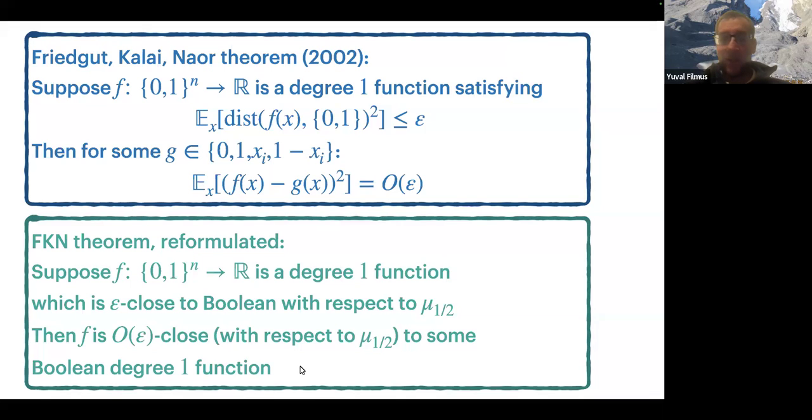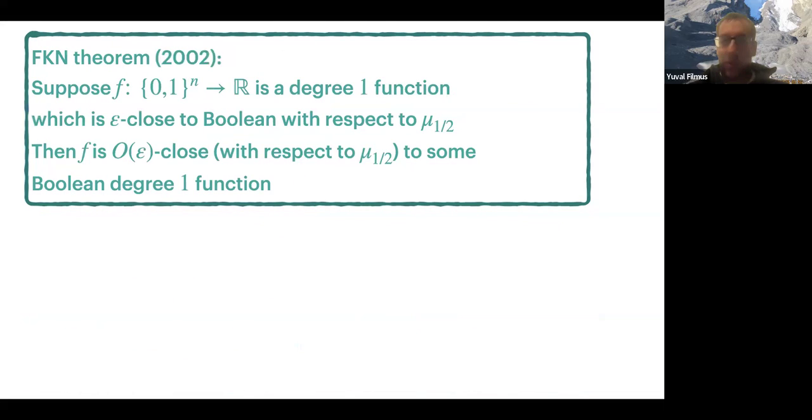Okay, so this was the case d equals 1, and I hope I went over it slowly enough so that you can actually get something. And now let's move to the degree d case. Maybe you have a guess as to what the degree d case is. So suppose that f is a degree d function, which is epsilon close to Boolean. What should f be order epsilon close to? Maybe some crowd participation, don't be shy.